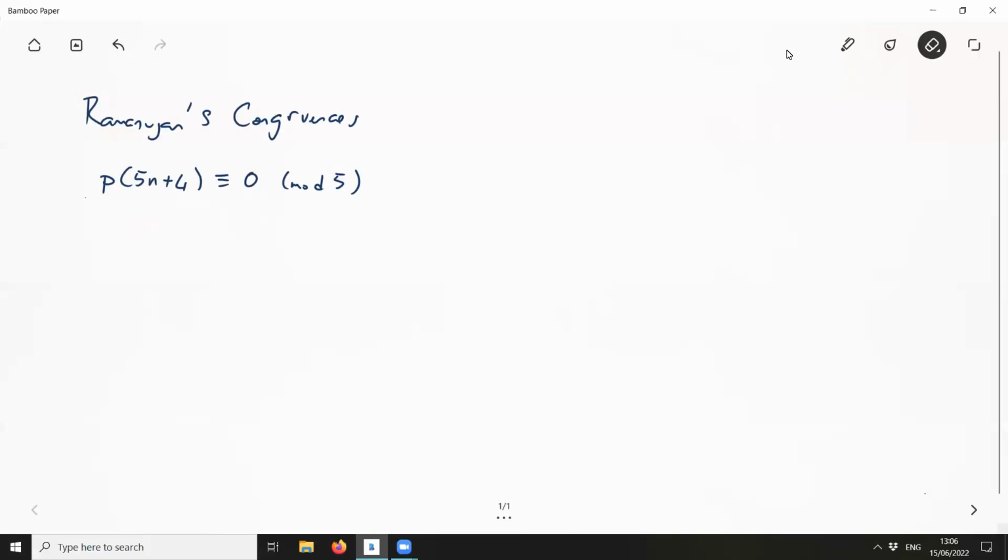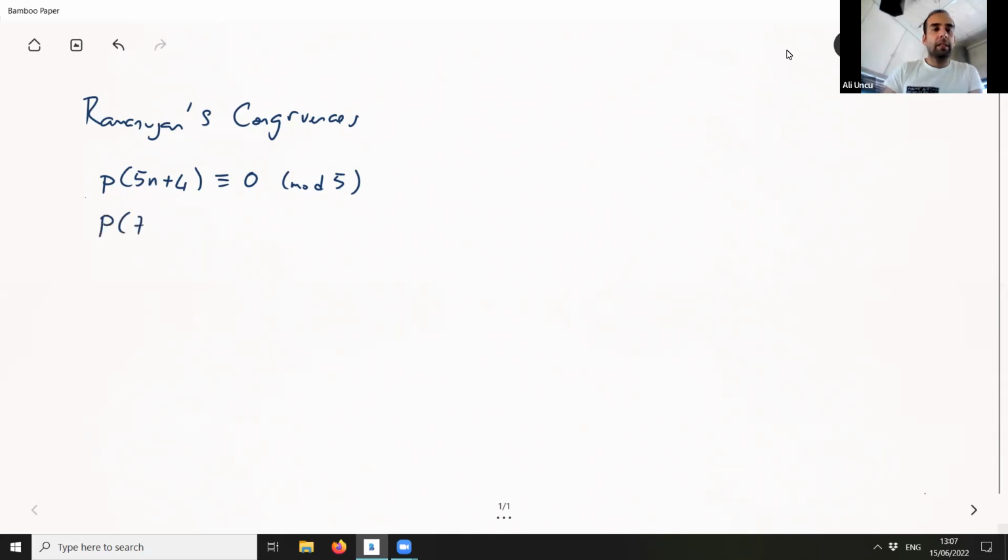Because we don't even have a closed formula for them, but somehow it satisfies this arithmetic property that all of these coefficients, when you jump in steps of 5, are divisible by 5. And same thing, 7n+5 is congruent to 0 modulo 7.